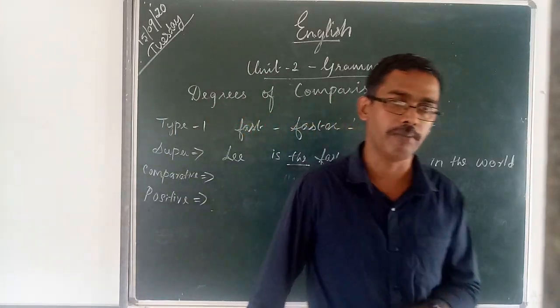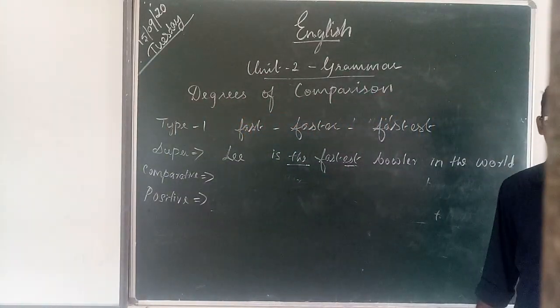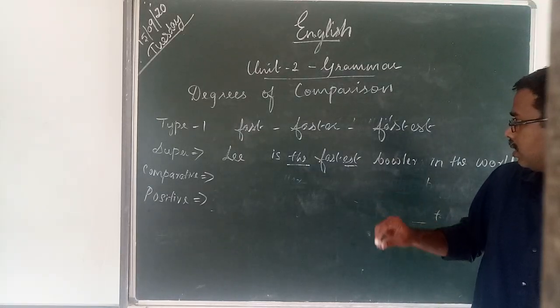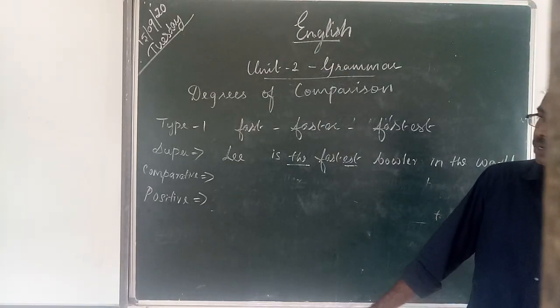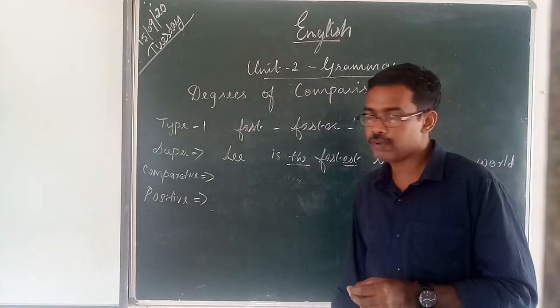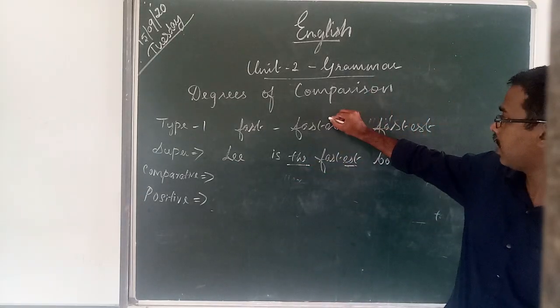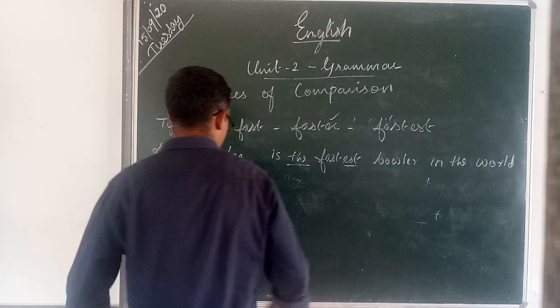How will you change it to the comparative? I told you, when you change it to the comparative, we have to use "than". When you use the comparative, you should use "than" along with it.